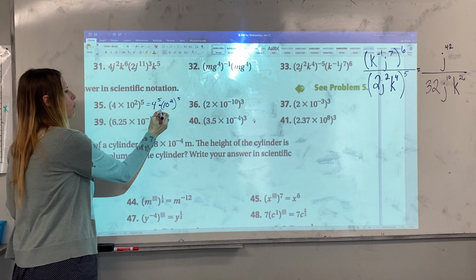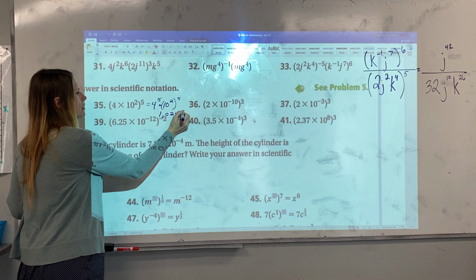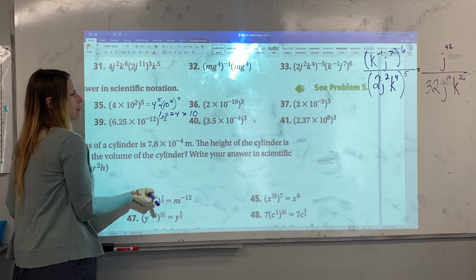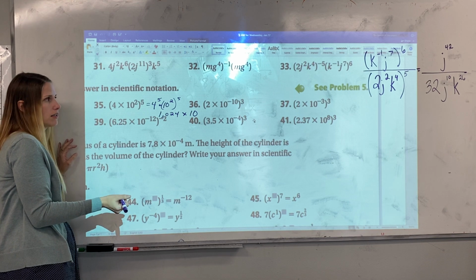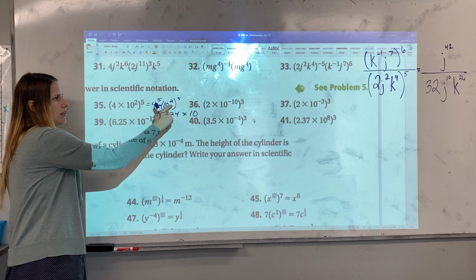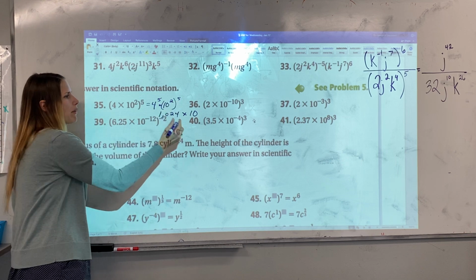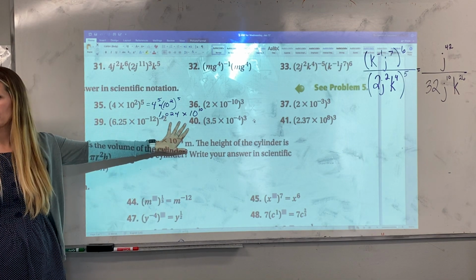So we have 1,024 times 10 to the 10th power. Now, technically this is the correct value.